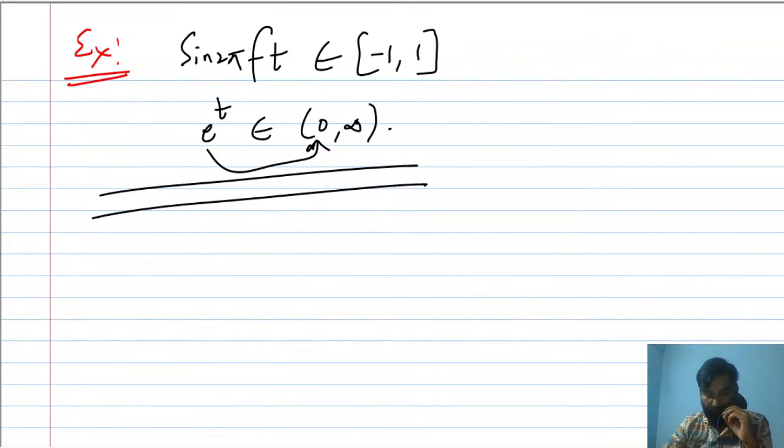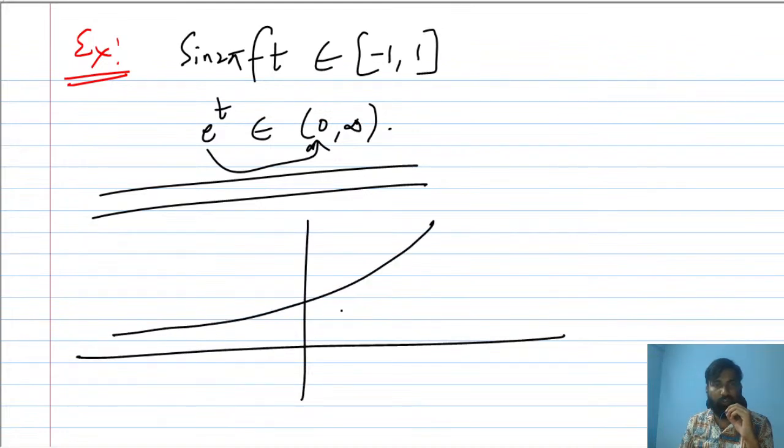If I show you e raised to power t graphically, it is exponentially growing, like the population growth in India.